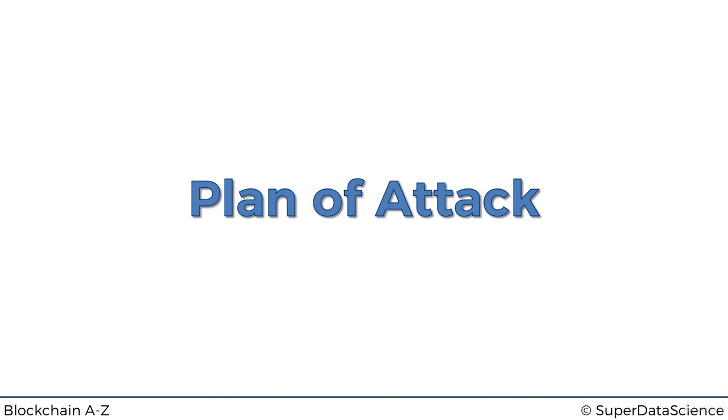I'm super excited to kick off this first section, and we're going to start it off with a plan of attack. And so the question is, why do we need a plan of attack? Well, the reason is that blockchain, and I was so surprised myself, is not complex. It's not as complex as artificial intelligence or machine learning or those other technological topics that exist out there right now.